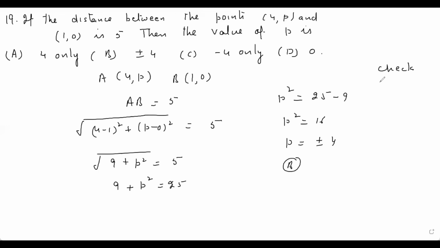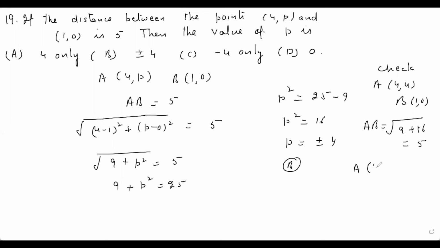Check. If A is (4, 4) and B is (1, 0), the distance between A and B is equal to: 4 minus 1 whole square means 9, 4 minus 0 whole square means 16. That is, the distance is 5.